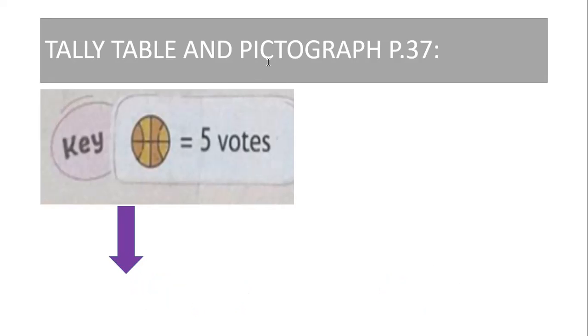When he is telling me here that 1 ball, this key, equals 5 votes, he means that when I find 1 ball, it will be equal to 5 votes, not equal 1, not equal 2, it is equal 5.